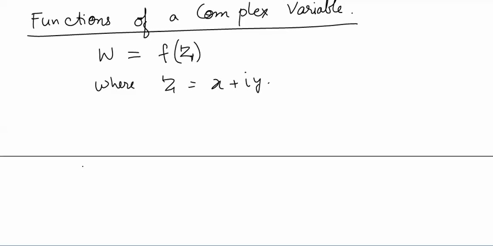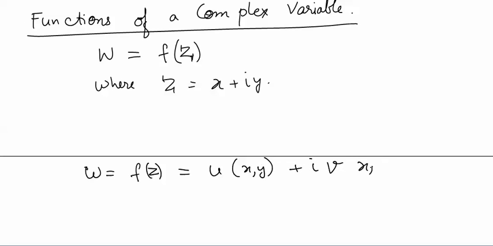This can also be represented as W equals f of Z equals u of x comma y, which is a function in x comma y, plus iota times v in x comma y. There can be another imaginary part and real part of the complex function. What do I mean by this now?